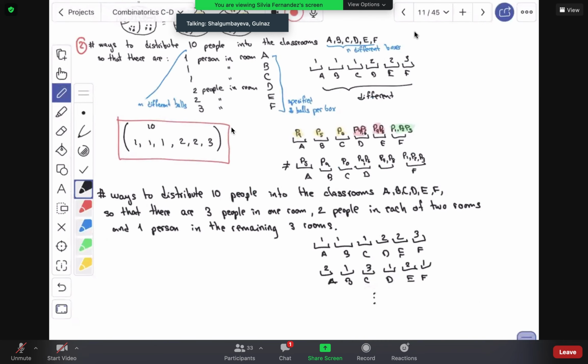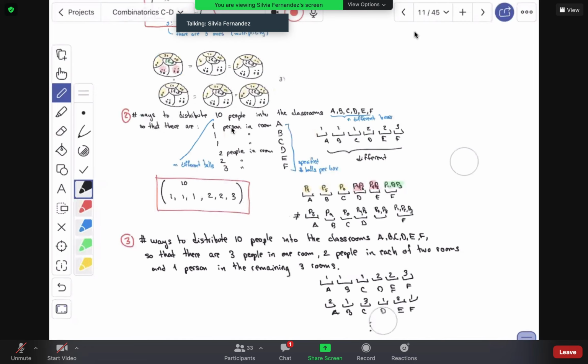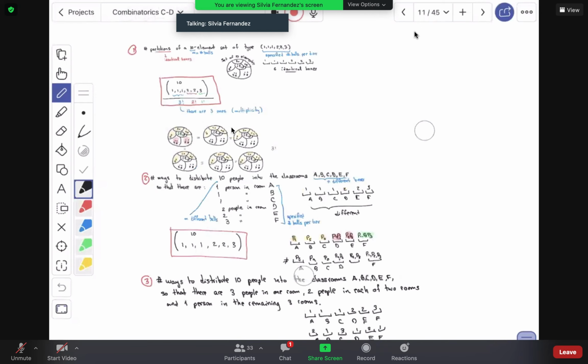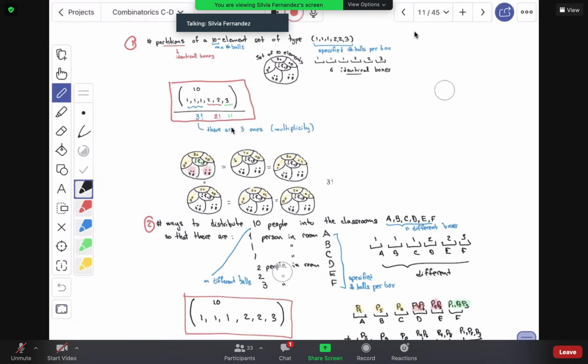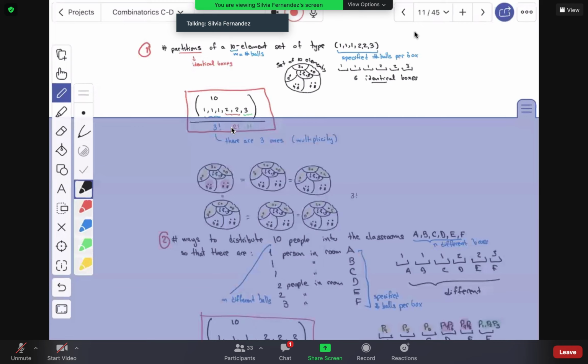There's a question. Are empty boxes allowed or not, in the entire thing we are doing, from example 1 to 3? Oh, thank you. Yeah, that's a very good question. Let me just say no empty boxes allowed, because, well, actually, you know what? Yes, there are no empty boxes allowed because I specify how many in each box.